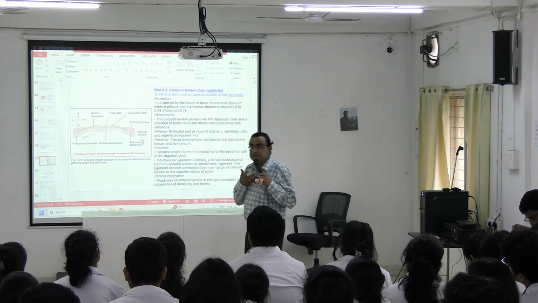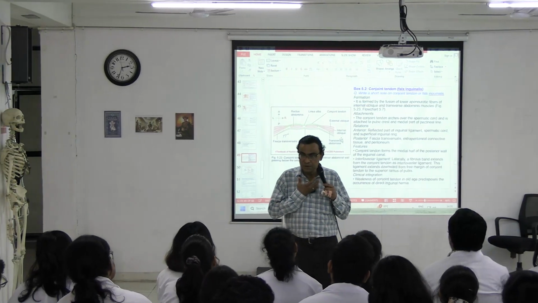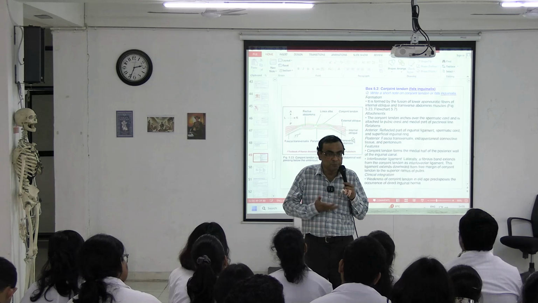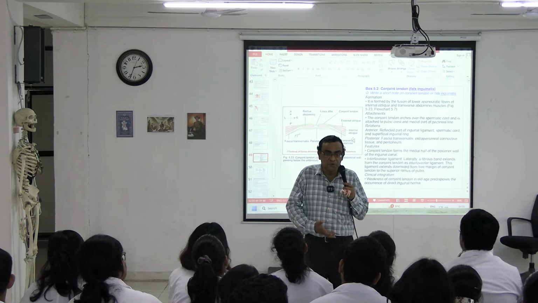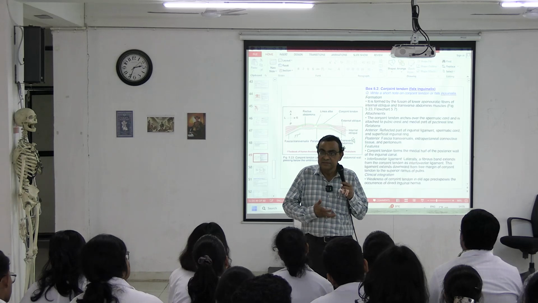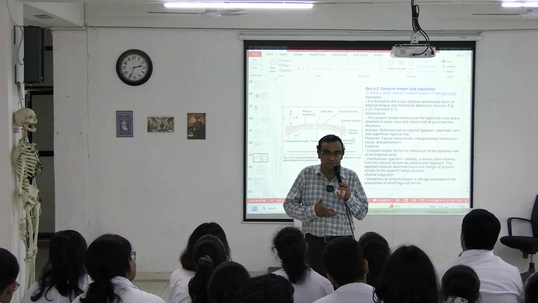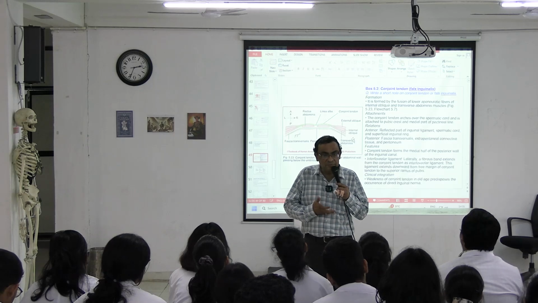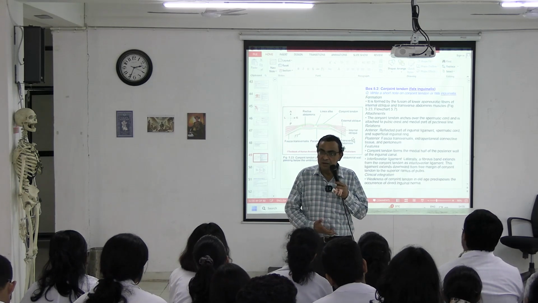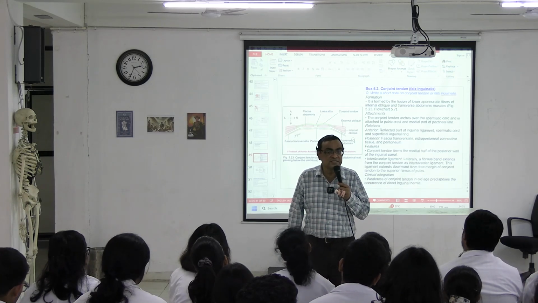So the formation of the rectus sheath is different at different levels. From the xiphoid process up to the midpoint between the xiphoid process and umbilicus, it is different, and again from this level up to the midpoint between the umbilicus and symphysis pubis, the formation is different.